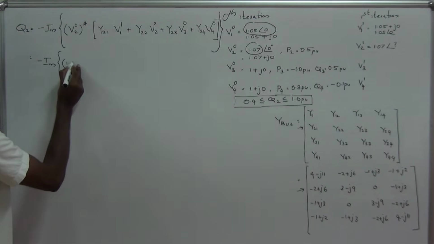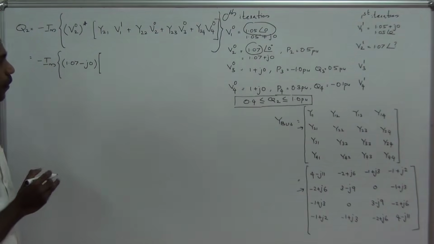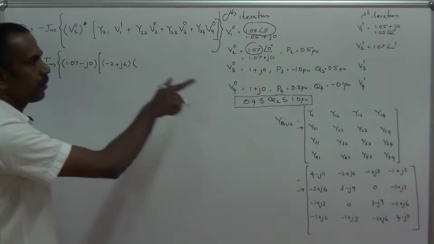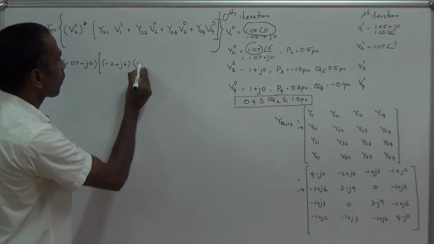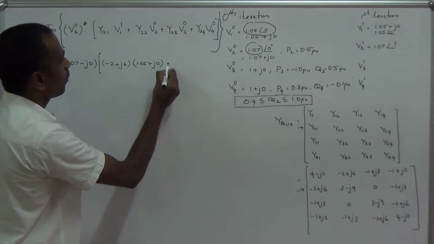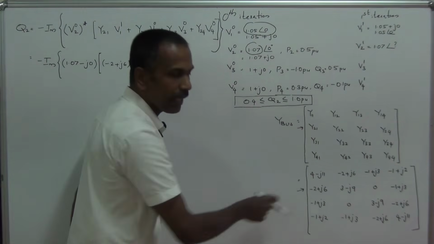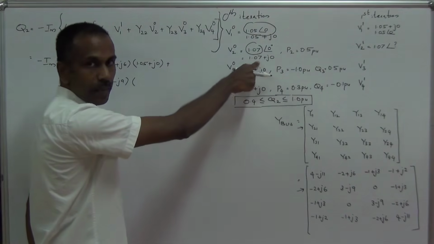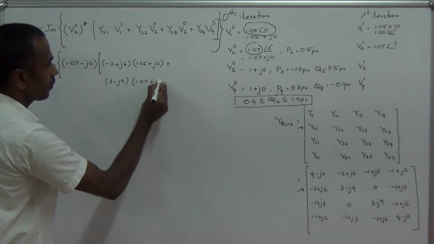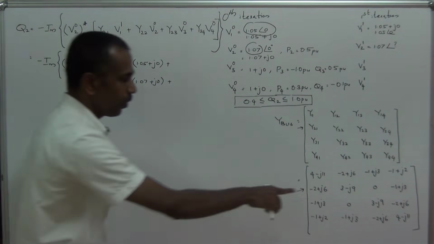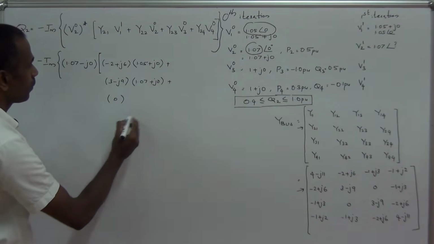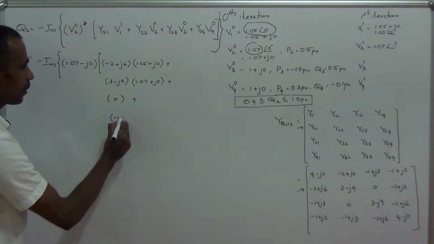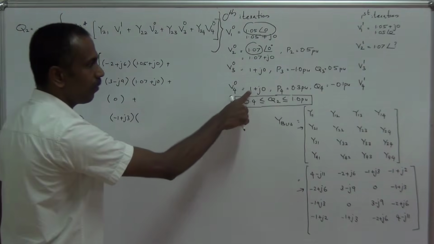Its conjugate is 1.07 minus J0 into Y21, minus 2 plus J6, into V11, it is 1.05 plus J0, plus Y22 V20, Y22 equals 3 minus J9, into V20, it is 1.07 plus J0, plus Y23 V30, Y23 equals 0, plus Y24 V40, this is Y24, minus 1 plus J3, into V40, 1 plus J0.